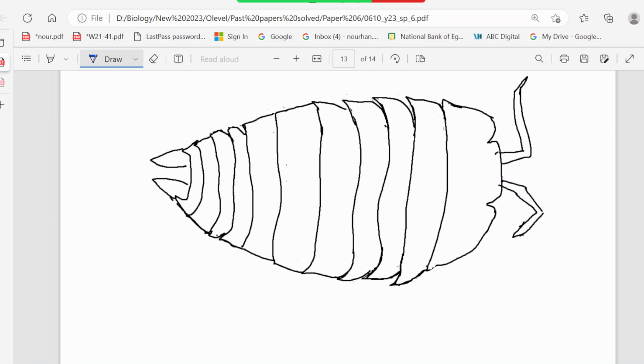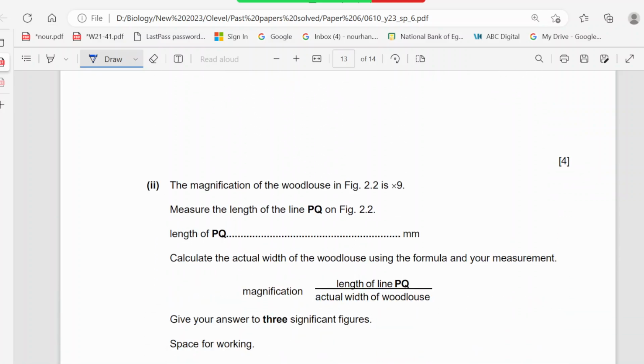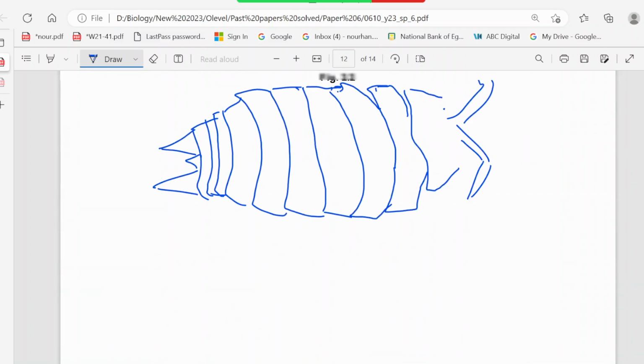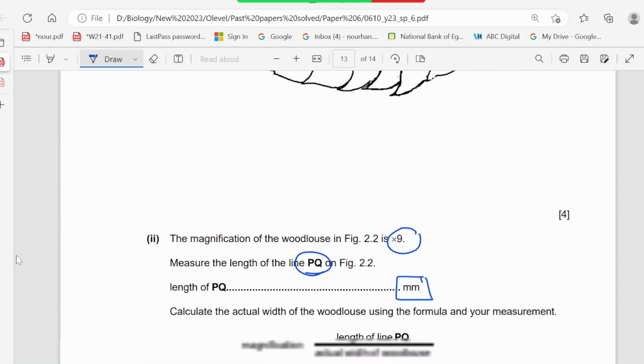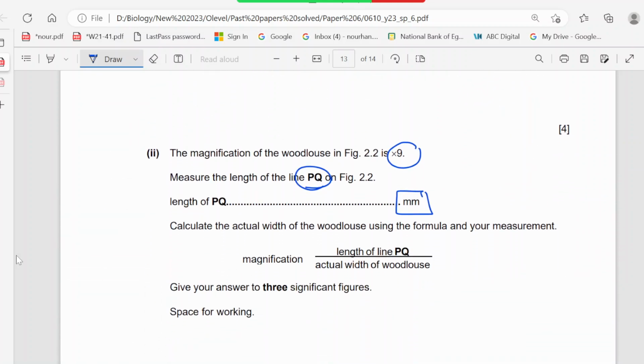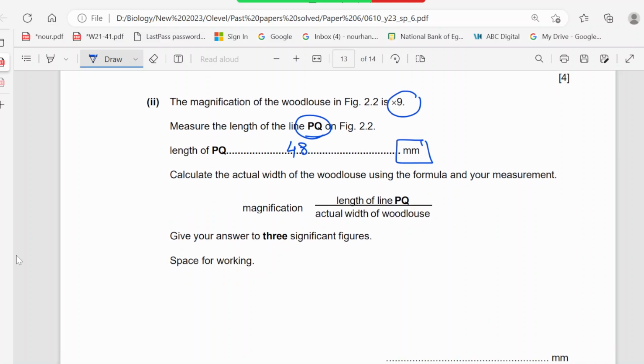Okay, the magnification of the wood lice is times 9. Measure the length of the line PQ in millimeters. So you are going to measure the length with the ruler. The ruler will give me centimeters, multiplied by 10 to get millimeters. It is 4.8 centimeters, so it might be, for example, 48 millimeters.